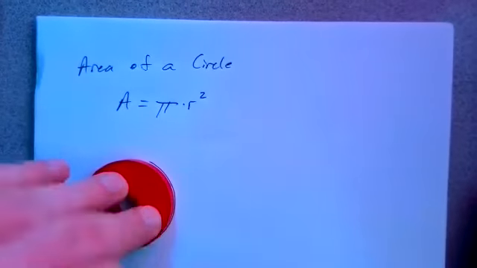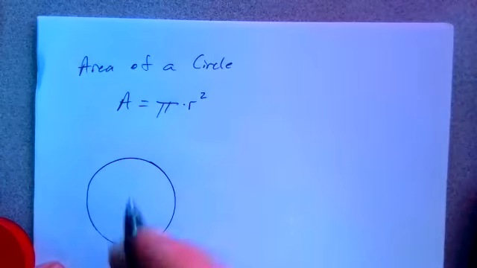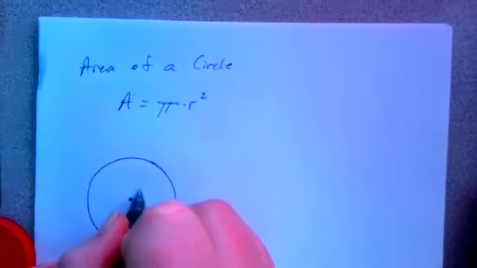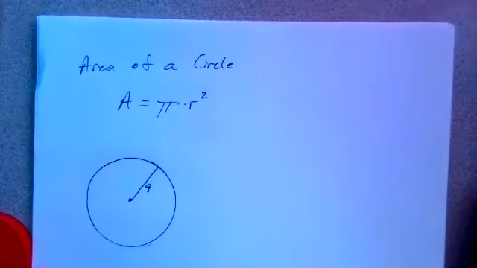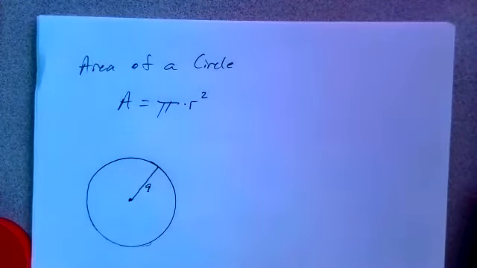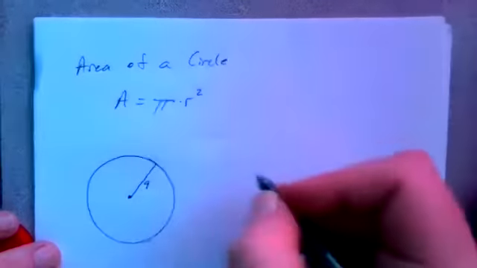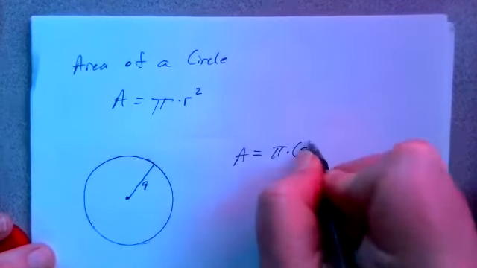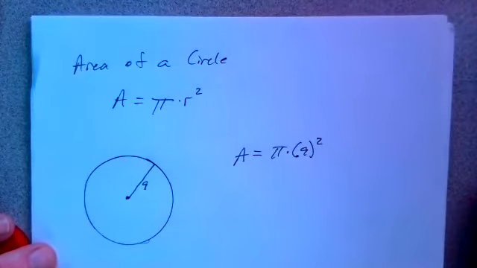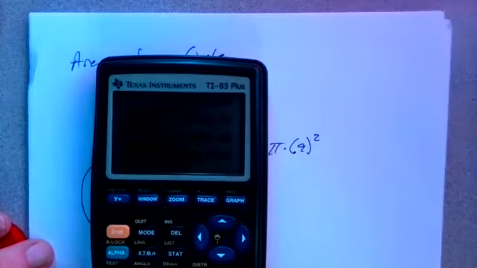So let's do an example here. Let's say we have a radius of 9. Let's find the area of a circle with the radius of 9 units. So we go ahead and plug it into the formula. The area is pi times 9 squared. And then I can just take that, plug it in my calculator.